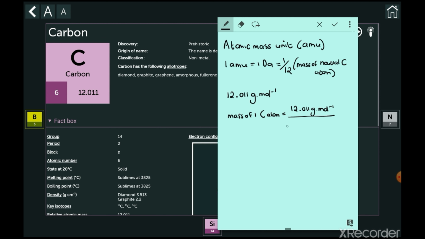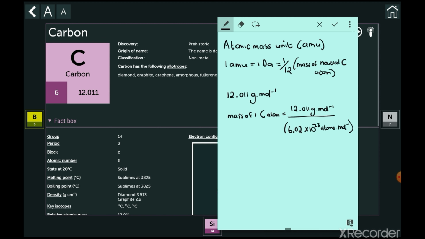I will introduce Avogadro's number to you with an explanation. But for now, you just need to know that Avogadro's number is basically a constant, and it's 6.02, or just 6, depending on how accurate you want to work, times 10 to the 23 atoms per mole.